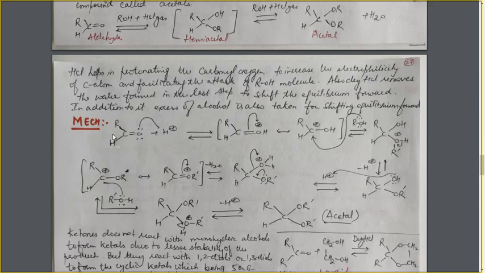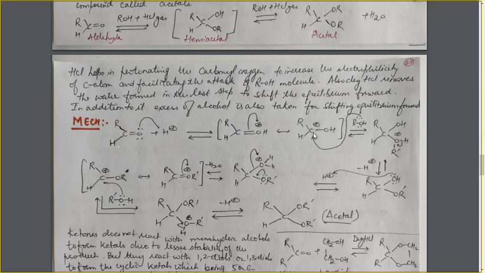So let's see what the mechanism is. This is the aldehyde molecule, and this H positive ion comes from the HCl gas. Now the electron pair of the carbon-oxygen double bond will move to this hydrogen atom, and the hydrogen atom gets attached to the oxygen to form this species, which is resonance stabilized in this way.